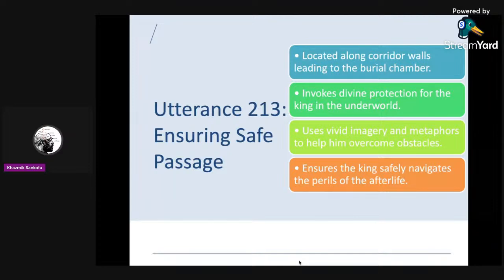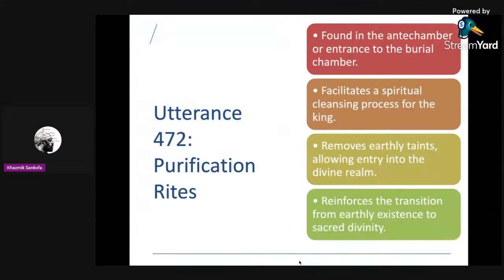Anybody going through an initiation knows one of the first things you go through is a purification ritual, and you get divine protection put around you, because you're open at this time. Energies are open to you, so you get this divine protection, right? And then you're given tools to help you overcome the different obstacles along the journey.